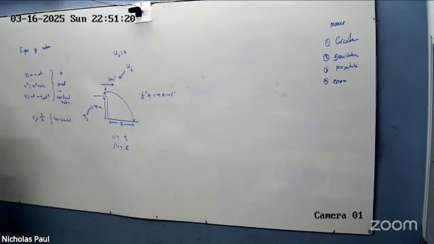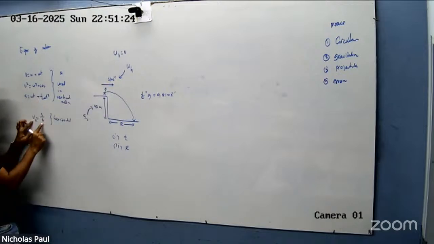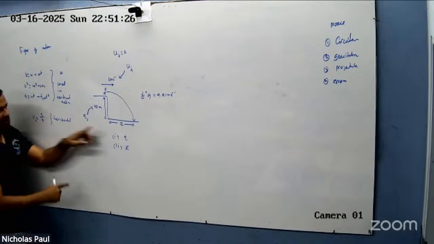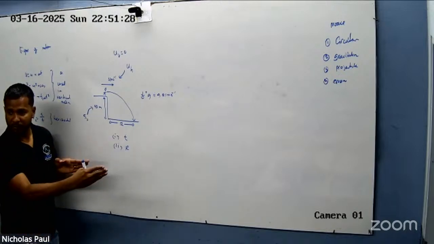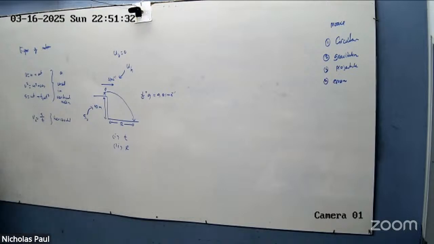So I could use this same value with the time I worked out here and solve for s. That will give me the horizontal distance. All we need to do is a proper diagram, proper labeling, highlight what is vertical, highlight what is horizontal, and then use the equations of motion.